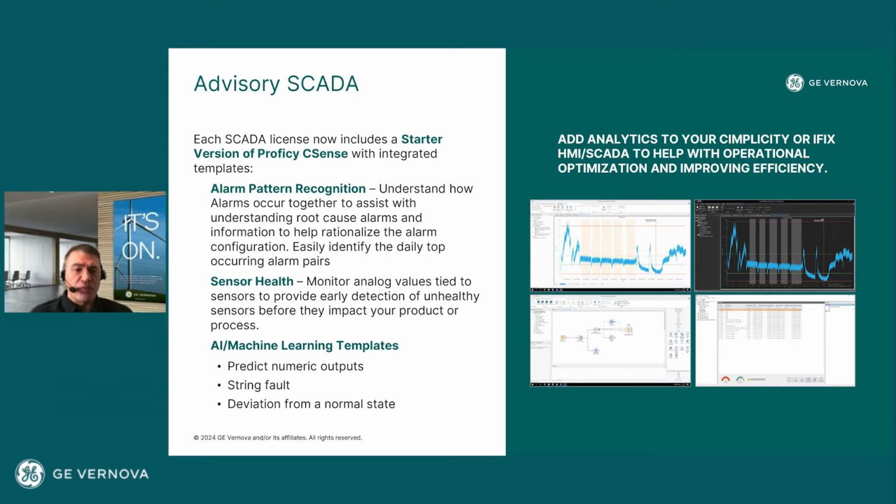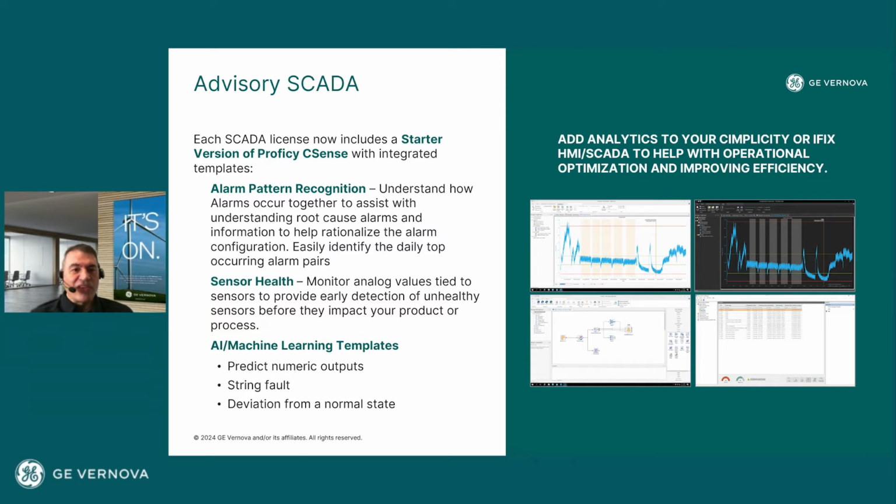The idea here is we will be providing a starter version of our CSense tools. So CSense is our tool that allows you to build out some of these capabilities. And what we're doing is providing some templates for some applications that you can start to leverage. Things like alarm pattern recognition. The concept here is, can I start determining what alarms are actually happening at the same time?